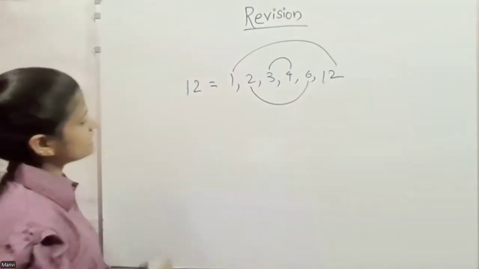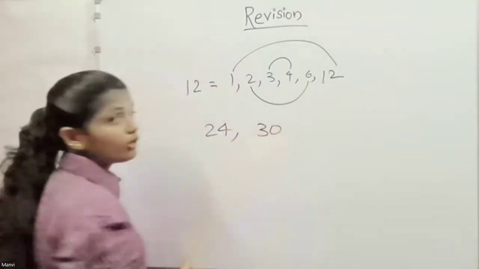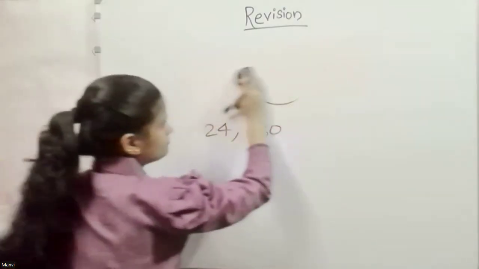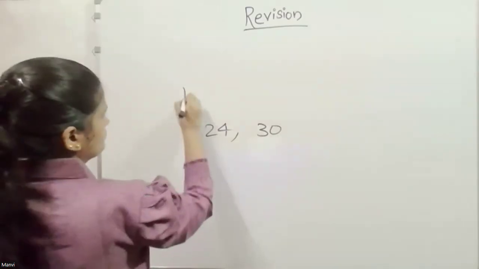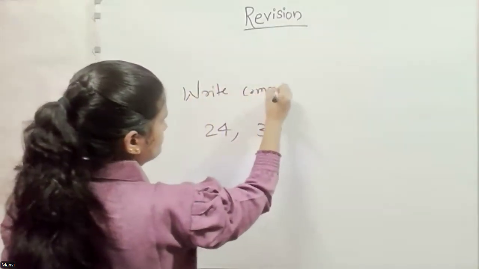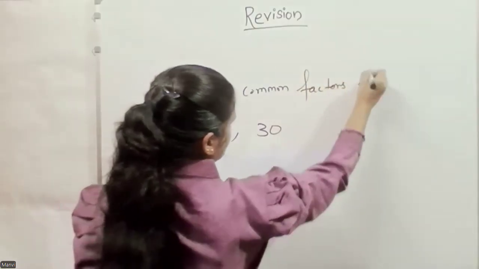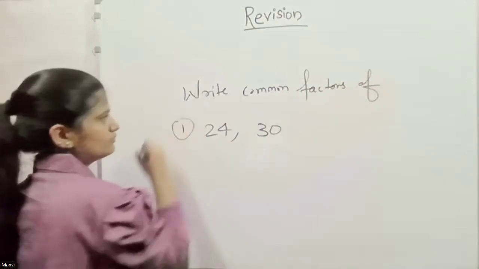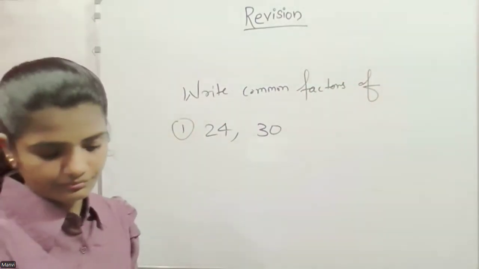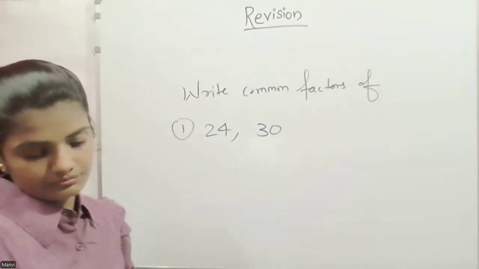Okay, write down the common factors of 24 and 30. All common factors of these two.